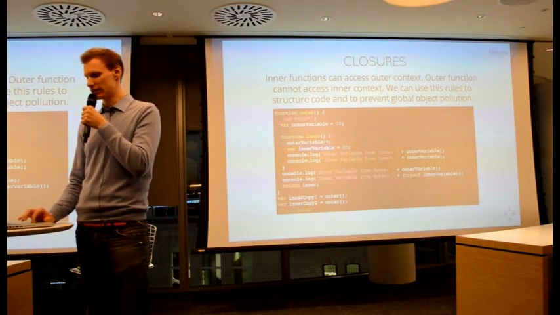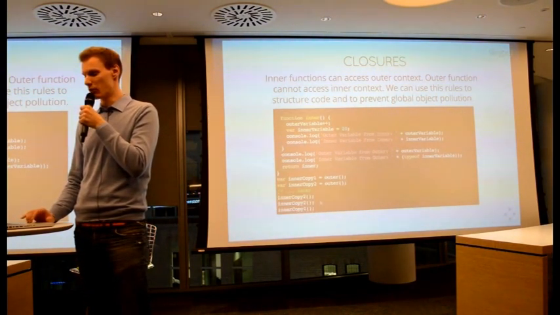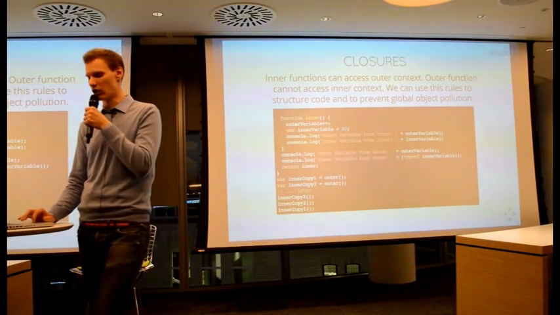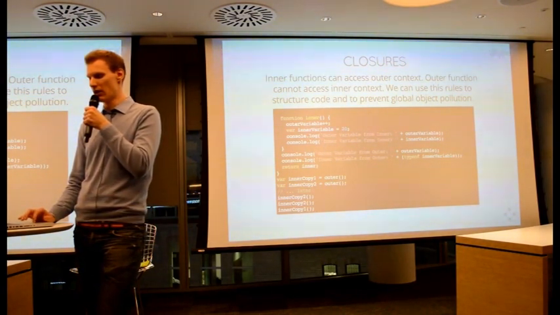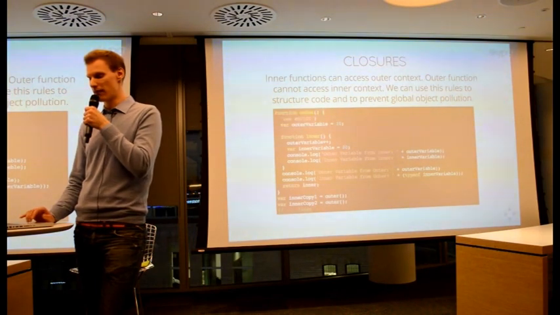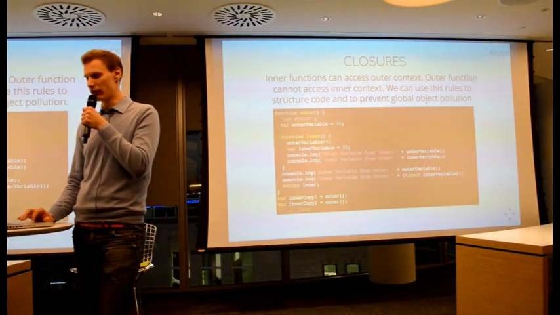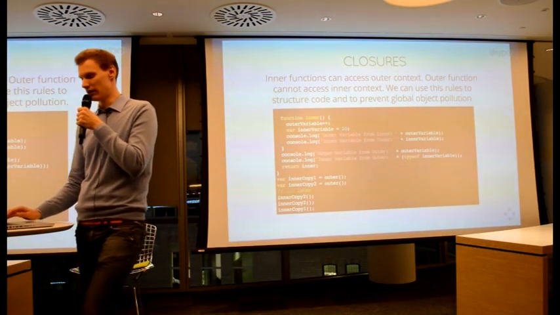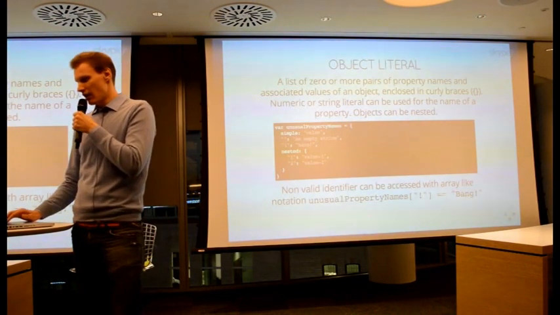Here we are just taking two pointers to the inner function, inner copy 1 and inner copy 2, and we can later execute inner copy 2 multiple times and inner copy 1, and they will be affecting the outer variable from the outer scope.